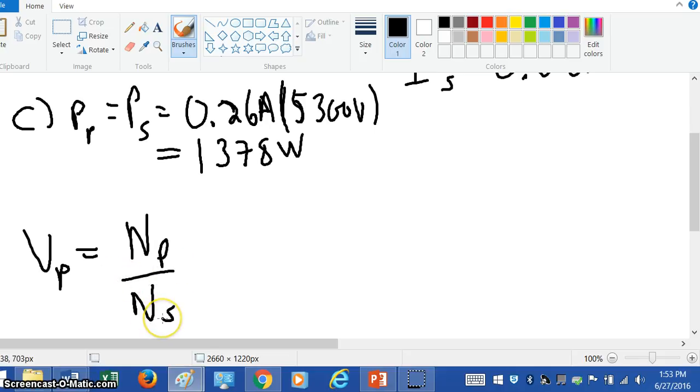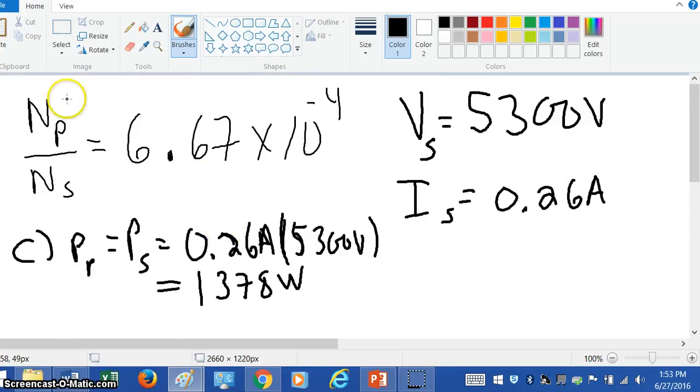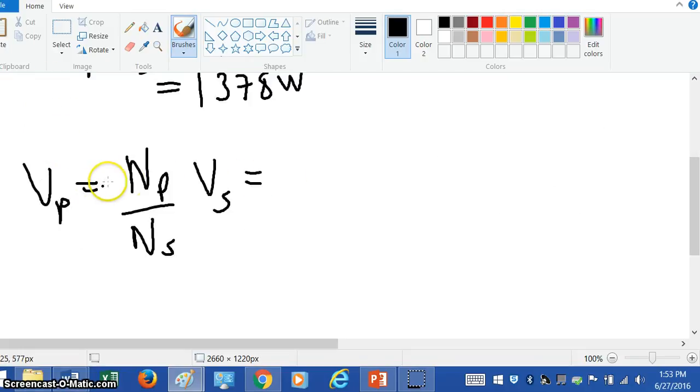Because that was in the denominator already, times the voltage in the secondary, which we now know, which is given to us. But notice this number of turns in the primary divided by number of turns in the secondary is given to us. That's already there. That was given to us. So you can replace n sub p over n sub s in this equation with 6.67 times 10 to the minus fourth.